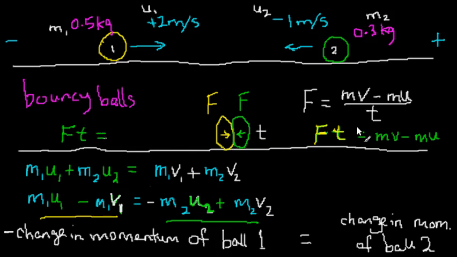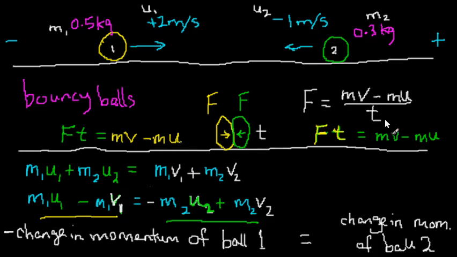And this must, according to Newton's second law again, cause a change in momentum of the yellow ball. So I'll write that down, exactly the same formula, mv minus mu. Same formula, but for the yellow ball.